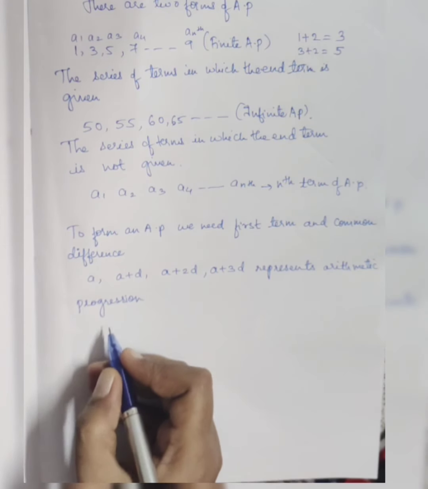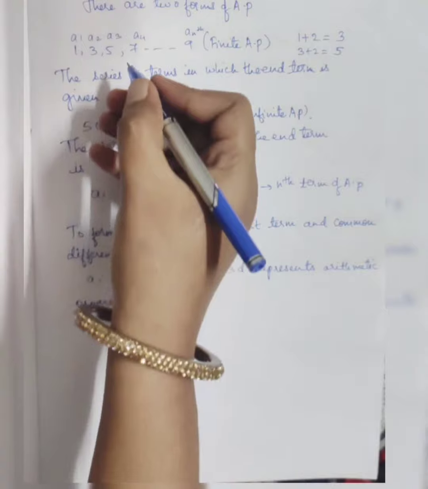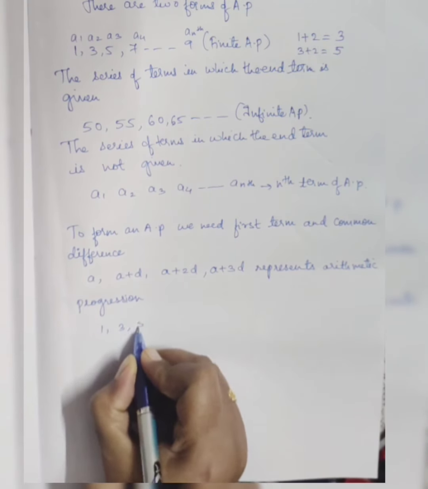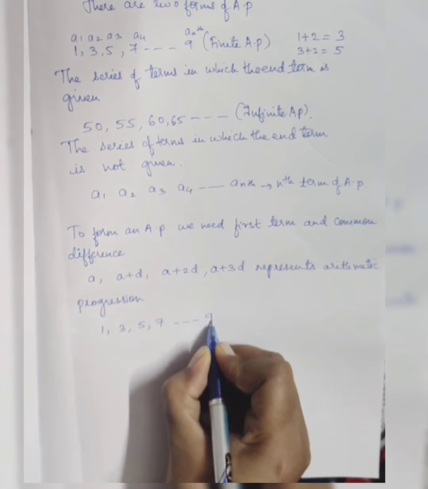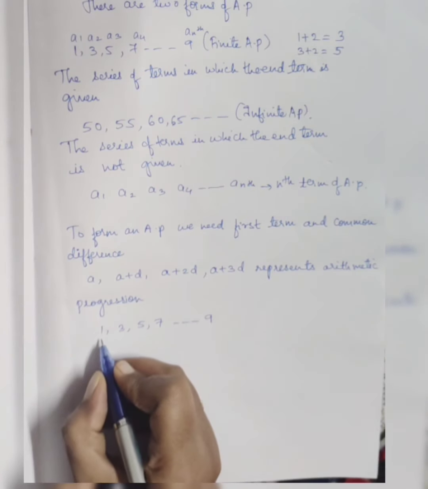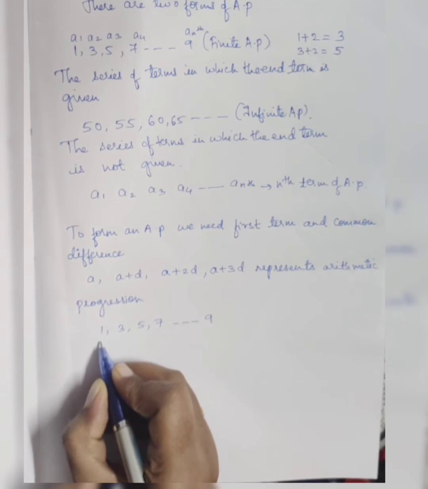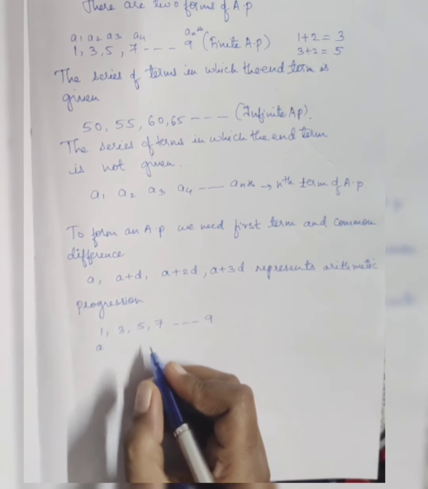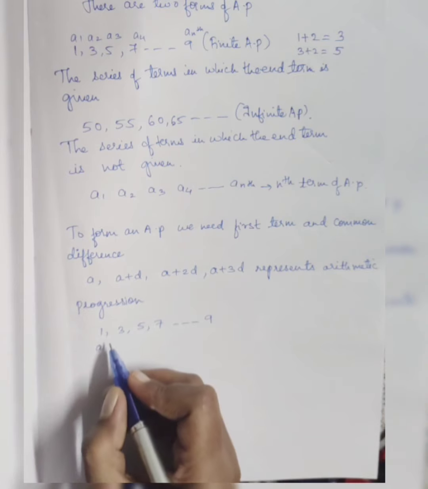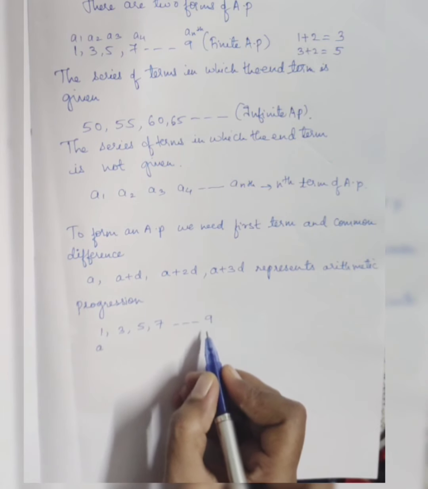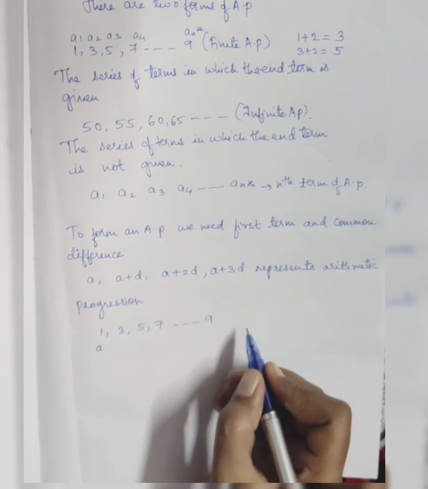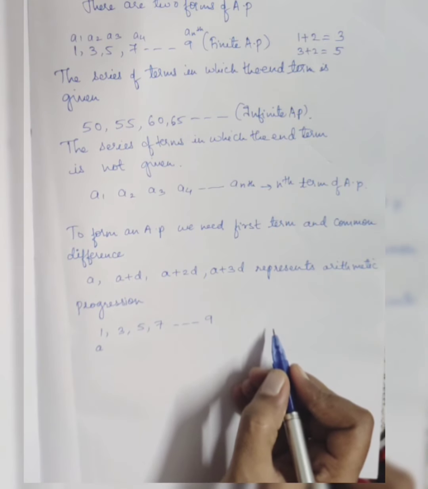For example, we can take the previous one only, 1, 3, 5, 7 up to 9. So A is the first term. The terms are 1, 3, 5, 7, 9, and you already know this is a finite AP. So we are going to solve it taking finite AP.